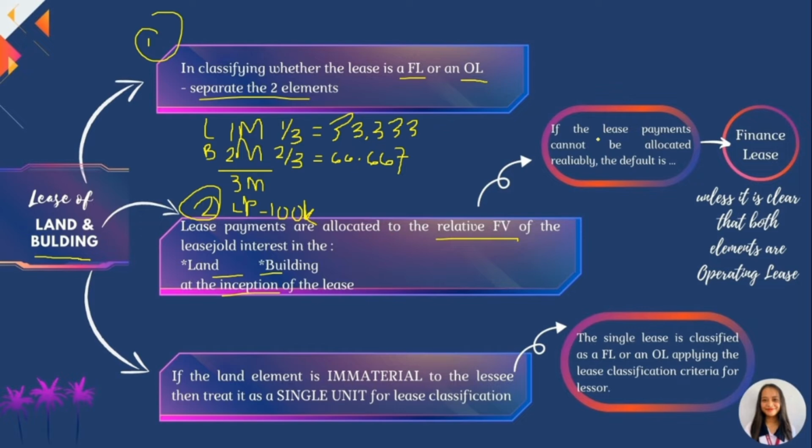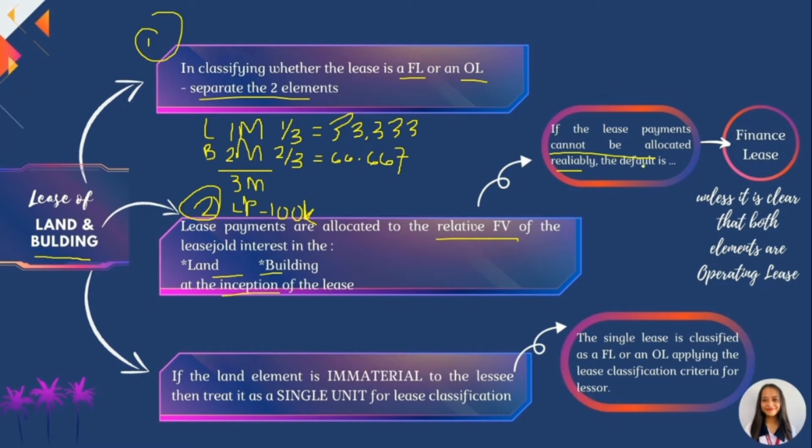But what if the lease payments cannot be allocated reliably? Cannot be allocated reliably means you cannot determine the separate fair value of the land or the building. In other words, it is a package. The two come together.